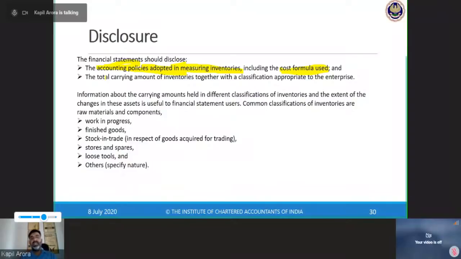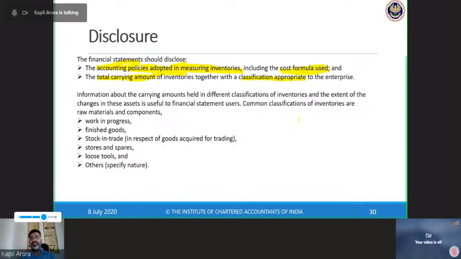What is the total carrying amount which we have? And appropriate classification, that is, what is the amount in finished products, work in progress, raw material, consumables.